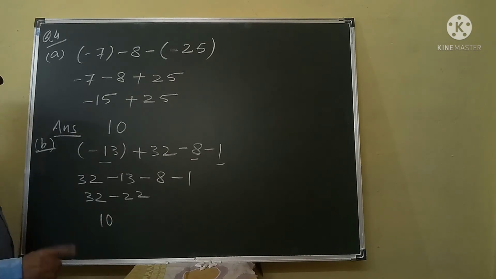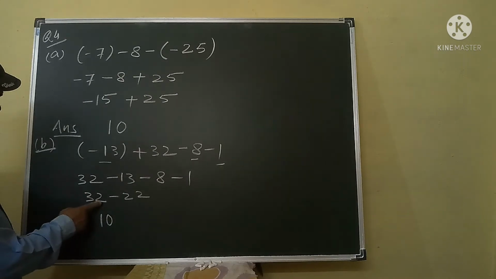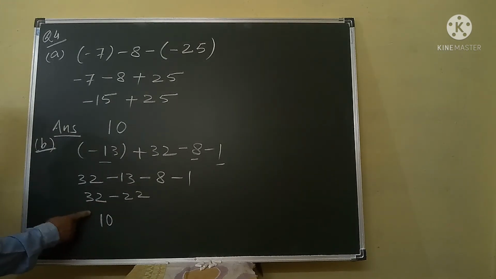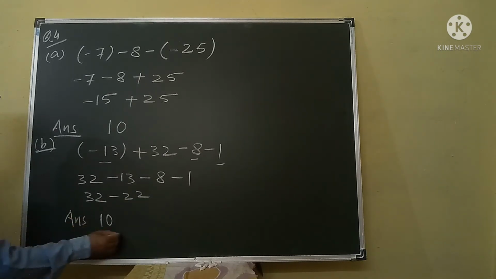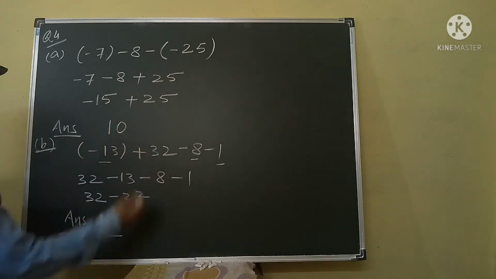And 10 is a positive integer, because 32 is bigger than 22 and 32 is positive. So your answer is positive. The required answer is 10 for the given question.